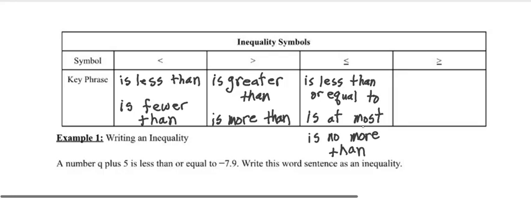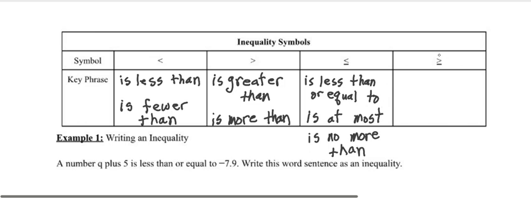I'm going to give you at most $20. Does that mean I'm going to give you $25? No, the most I would give you is $20. It could be less, but the most is $20. I'm going to give you no more than $20. Could be $20, but not more than that.